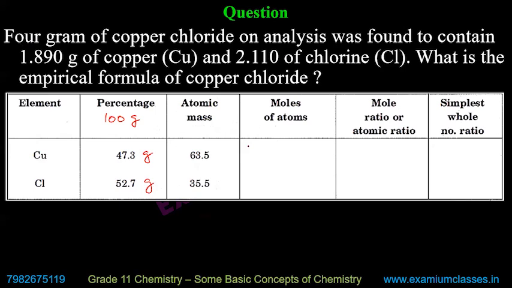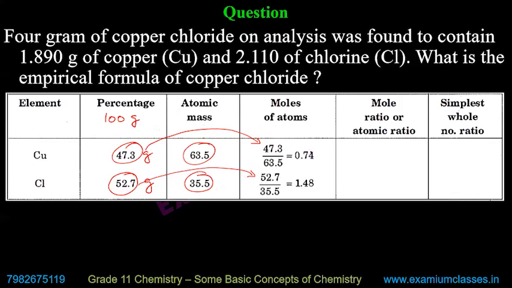Moles of copper will be given mass upon atomic mass. Similarly, moles of chlorine will be given mass divided by atomic mass. If there is any confusion, let me know. And remember, the conversion diagram is very important. Here, what we are doing, we are converting mass to moles, and mass to moles is given mass divided by atomic mass.